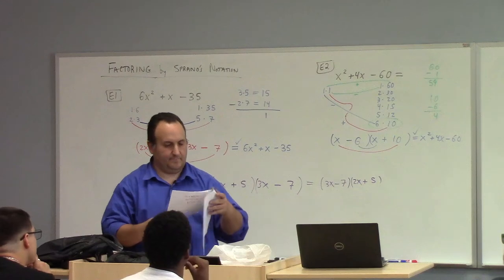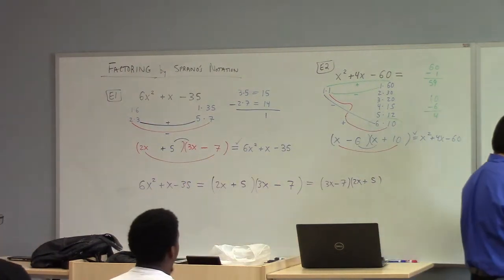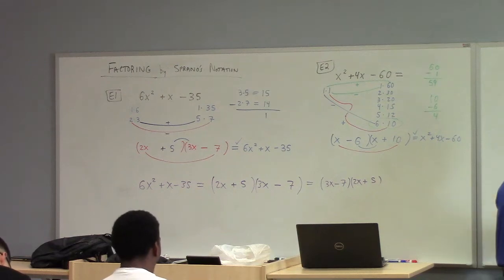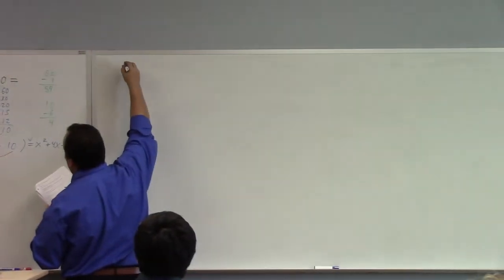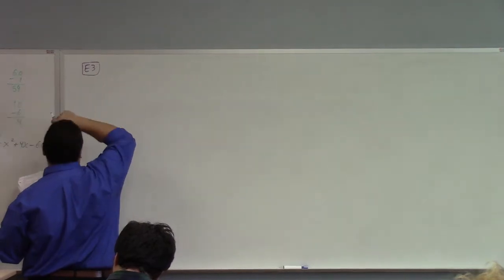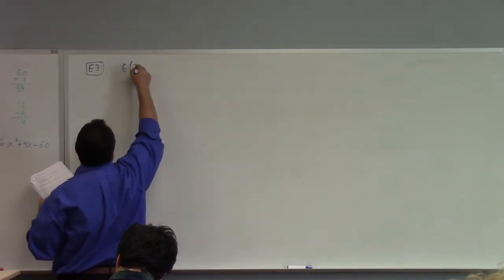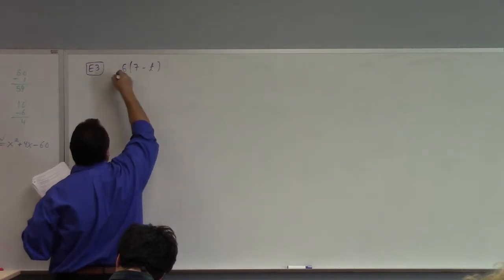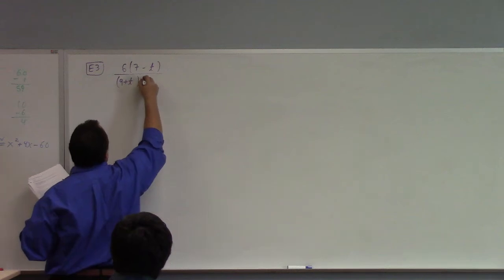No? All right. So I'm going to move back into the world of rational expressions and do some more of those. So let's try to see if we can simplify this one. 6 times 7 minus t over 9 plus t times t minus 7.